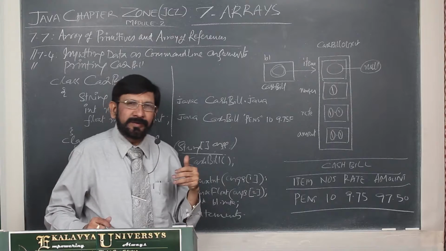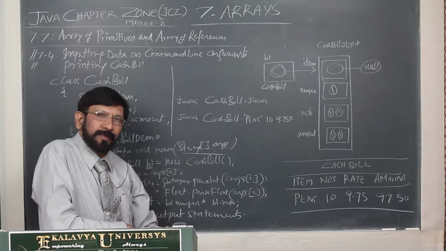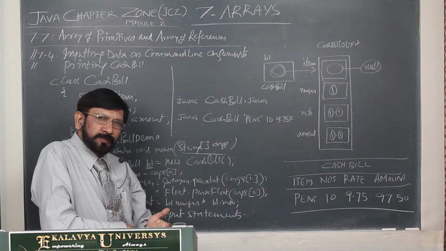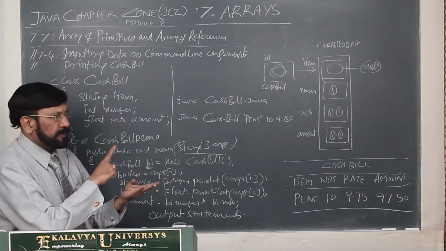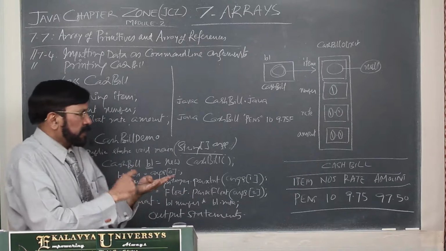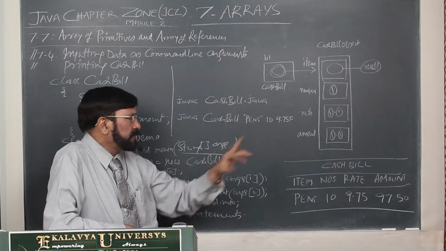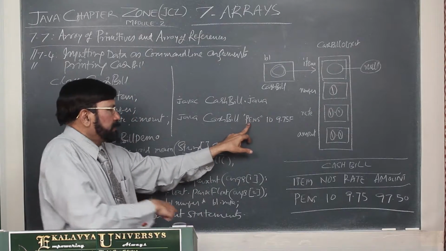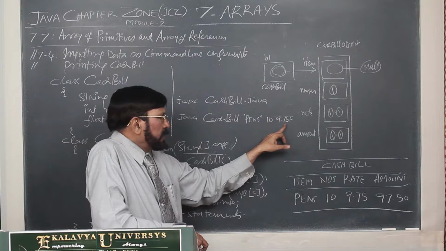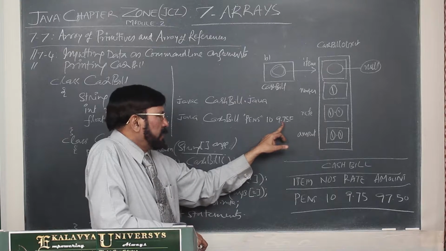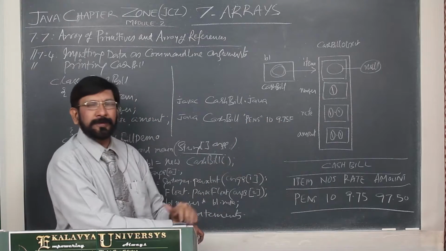Then whatever inputs you want to give at command line arguments, you can give. How many inputs you are supposed to give? You have to give 3 inputs. The first one is item name, second one is number of items, third one is the price of each item. That we are giving. First one pens, second one 10, third one that is rate we are giving.